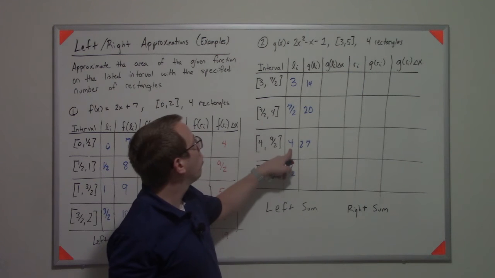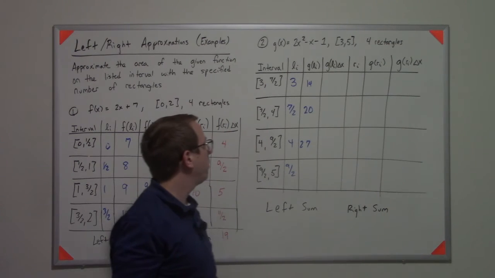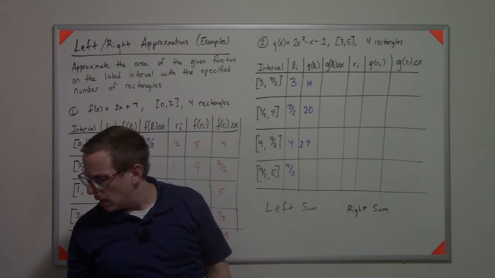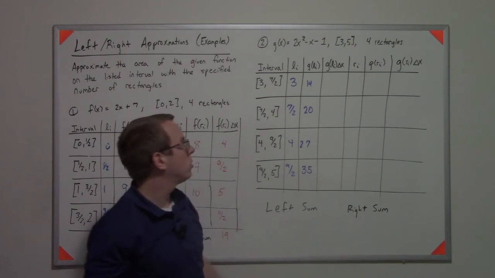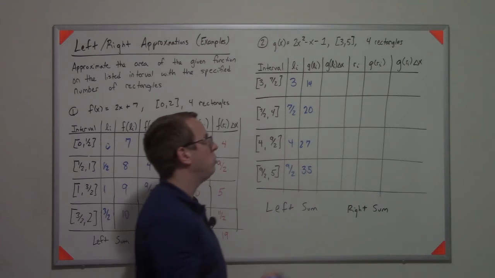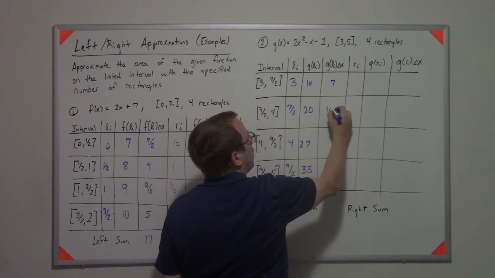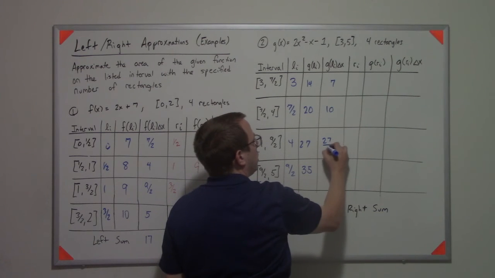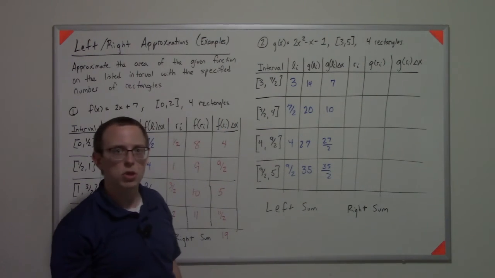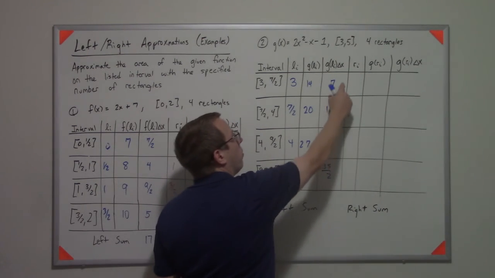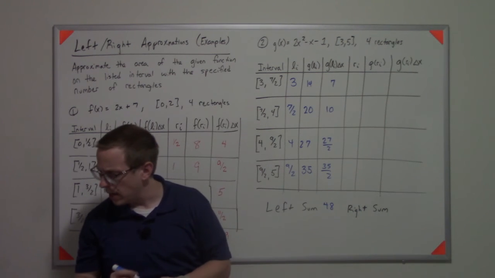Let's check it for 4: 32 minus 5 is 27. For 9/2, the value comes out to be 35. Now I multiply by 1/2, the width, so we end up with 7, 10, 27/2, 35/2. That becomes 62/2, which is 31, 41, 48. So my left sum is 48.